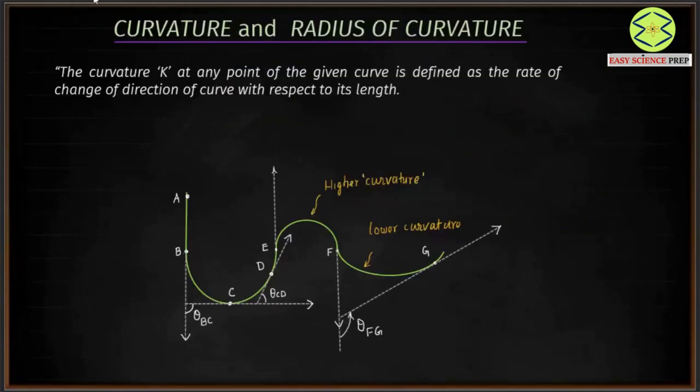Now as far as the definition is concerned, let's go back and see it. The definition says the rate of change of direction of the curve with respect to its length. So if you want to find the curvature at any point of the given curve, we have to find the rate of change of direction of the curve with respect to its length.